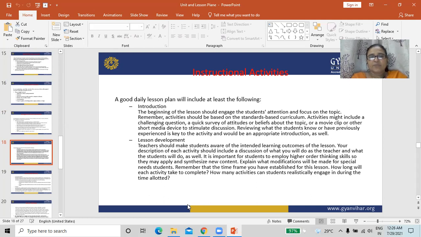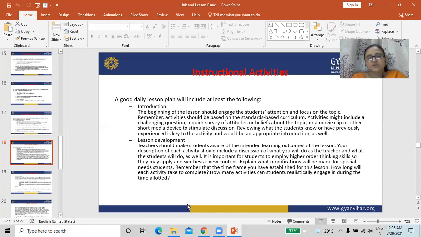Lesson development: the teacher should make students aware of the intended learning outcome of the lesson. Your description of each activity should include a discussion of what you will do as the teacher and what the students will do as well.